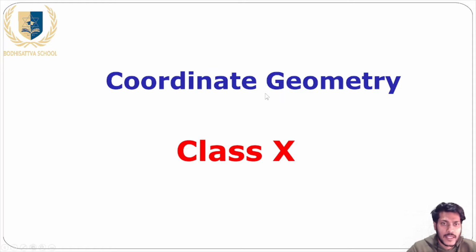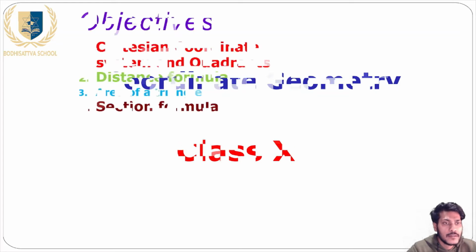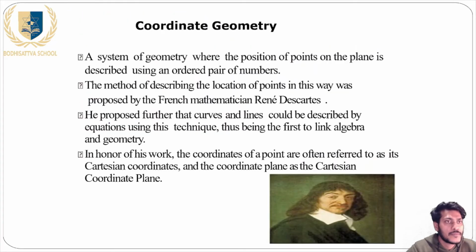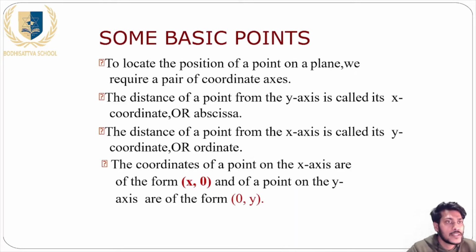In the last classes, we have already learnt some basic concepts of coordinate geometry, in which we learnt about the introduction of coordinate geometry, basically what coordinate geometry is, and some basic points of coordinate geometry.